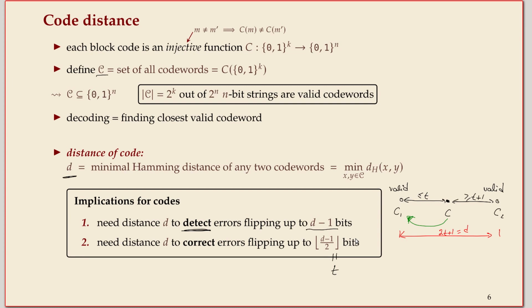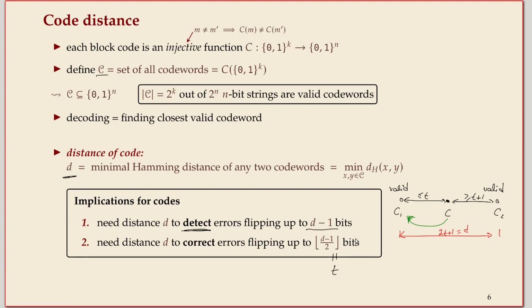Now, for our block codes, we have to somehow choose a lot of things. We have to choose the size of the message k. We have to choose the length of the block n, and we have to choose how we map messages to blocks. There's a lot of flexibility, and the next slide gives you some lower bounds, which means impossibility results.